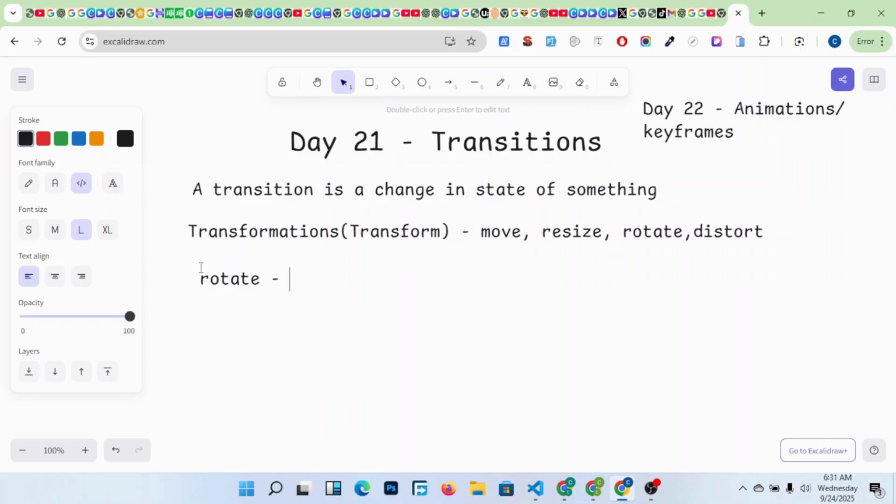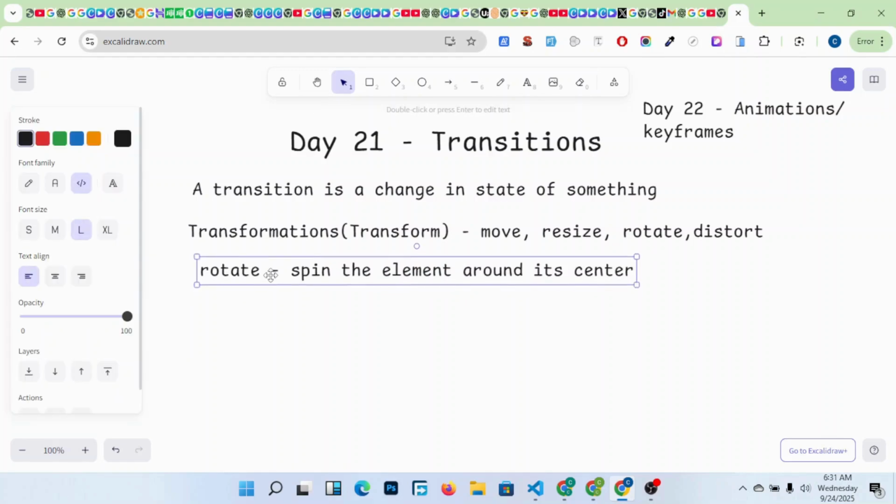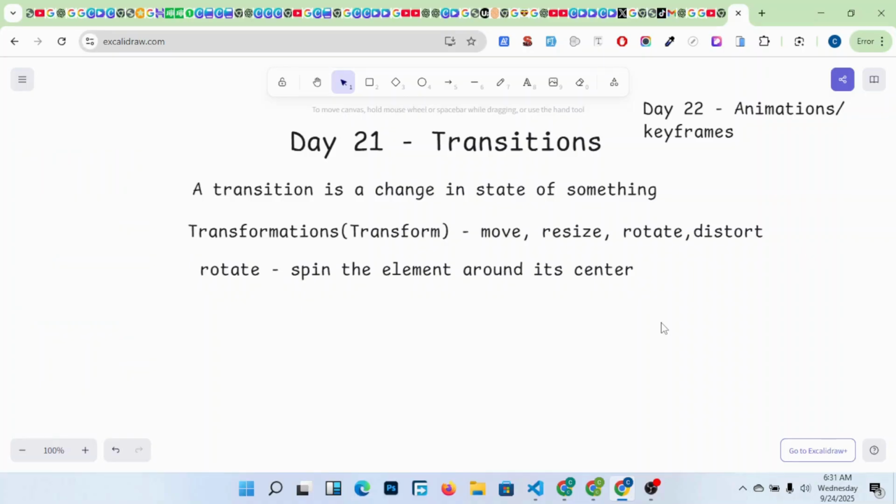This rotate here simply means that you spin the element around its center. Around its center. This is what rotate means.